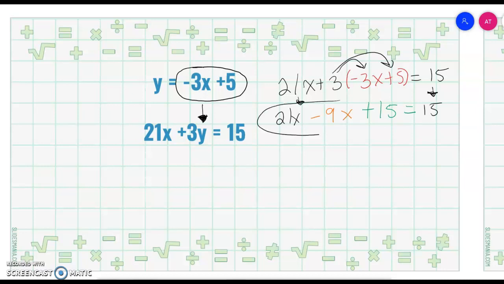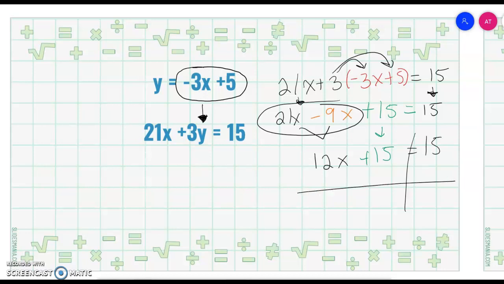So now combine your x's together. 21 minus 9 is what? It's going to be 12. So I have 12x plus 15 equals 15. Okay, get x by itself by subtracting 15 from both sides. Oh no, look, I got a 0, which is okay.